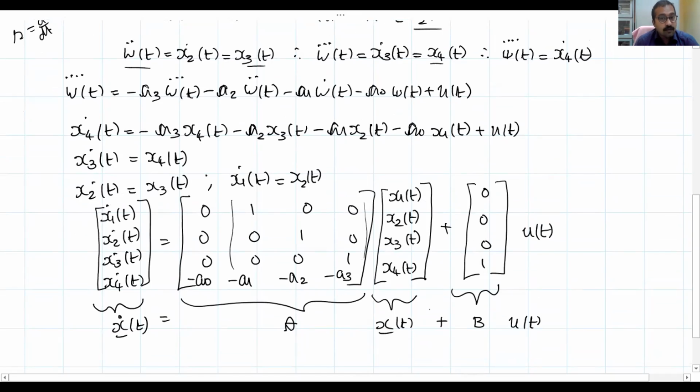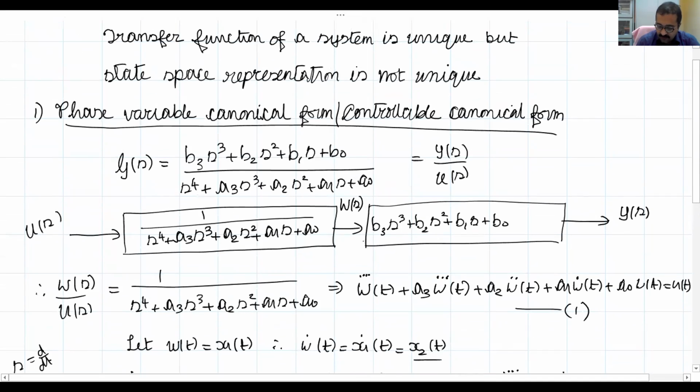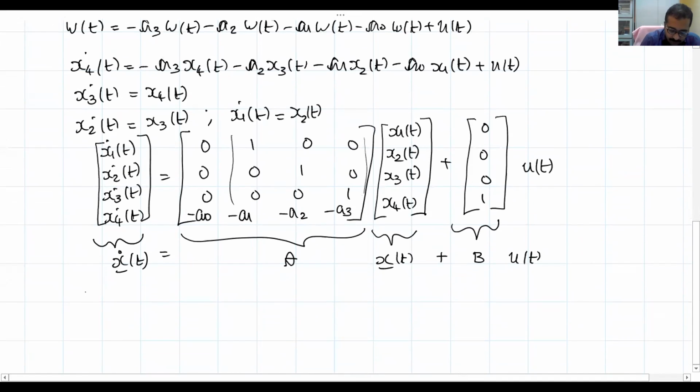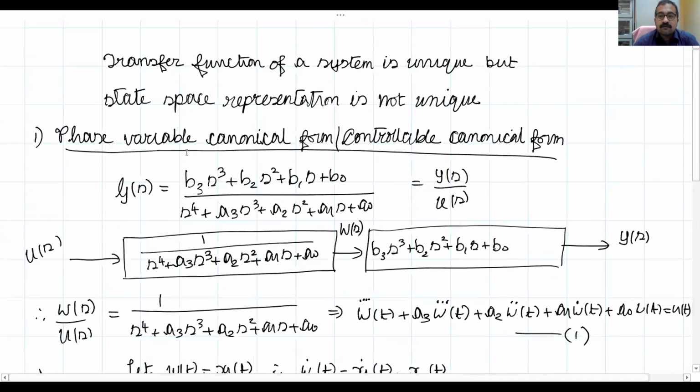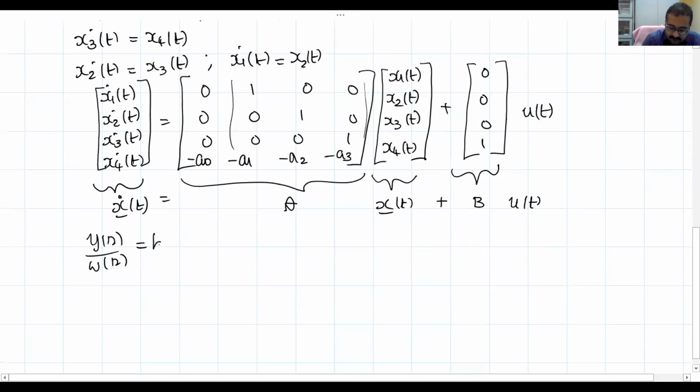Are we done? Not yet. We are done with only half. Now what next? Y of s divided by W of s, which is B3 s cube plus B2 s square plus B1 s plus B0.